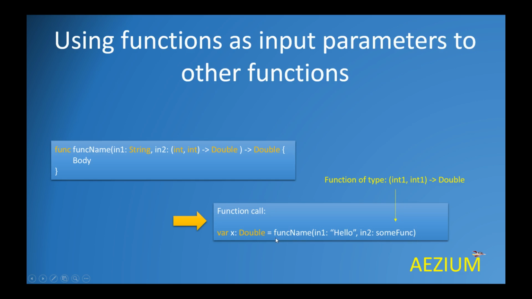This will be a successful function call, and as a result, a value of type double is returned and assigned to our variable called x here.